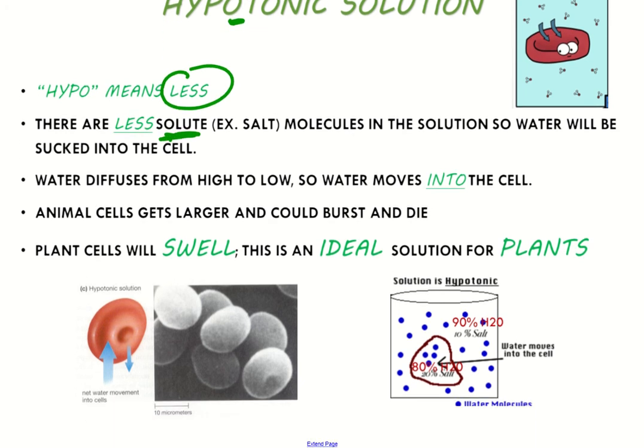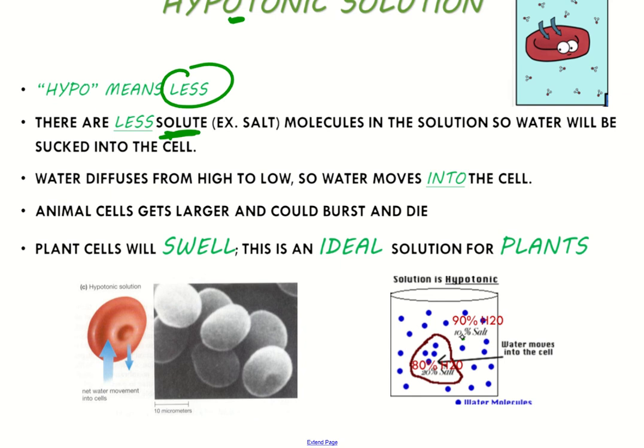So when we look at the solution itself, 10% salt, lower solute concentration outside versus inside the cell, which means we have a greater water concentration outside versus inside. So since there's a greater water concentration outside versus inside, we see much more movement going into the cell versus outside the cell. This causes it to get bigger, to swell.